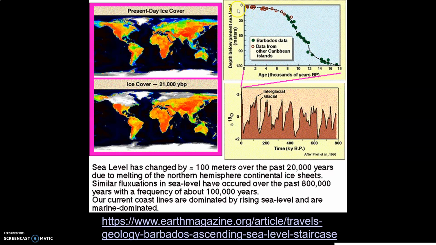This shows the sea level as a function of age in thousands of years, and they can document when the sea level started to decrease with time. Here it's showing that 8,000 years ago our sea level was much lower, and they can essentially date these by looking at these coral reef platforms through time.